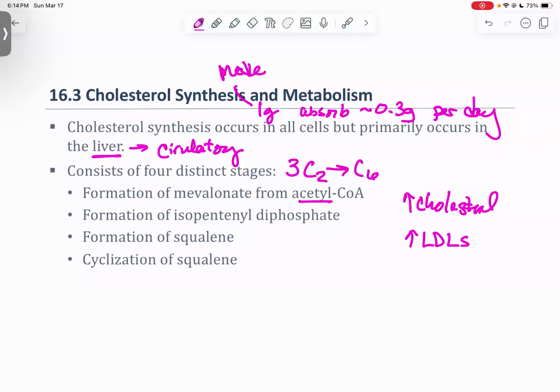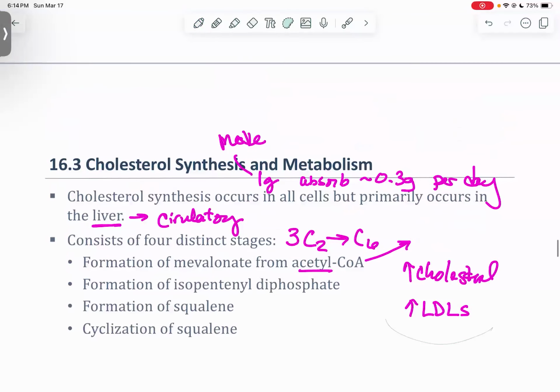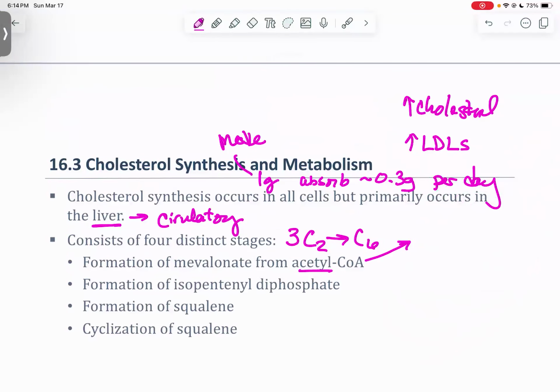This occurs with a really important enzyme, and that enzyme is HMG-CoA reductase. Then, this is stepwise, it's 1, 2, 3, 4 steps. Okay, so that's our mevalonate.